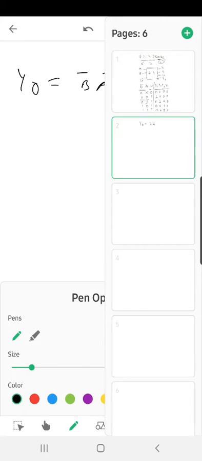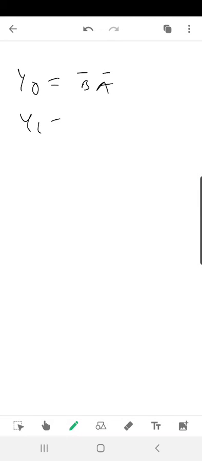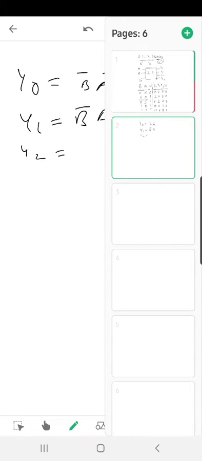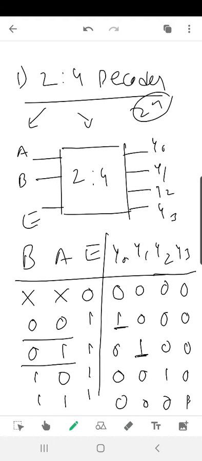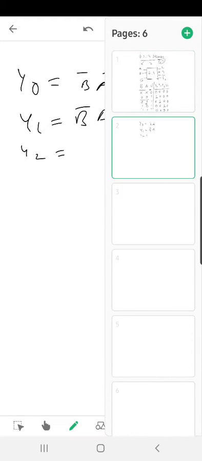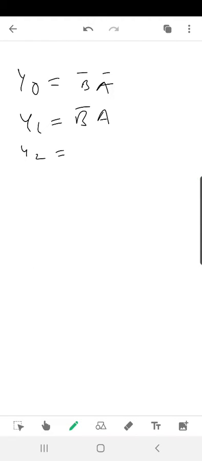Similarly, for y2, we see that we have the output 1 when b is 1 and a is 0. So b will be written in uncomplemented form and a will be written in complemented form. So it will become b a bar. So we can write this value as b a bar.